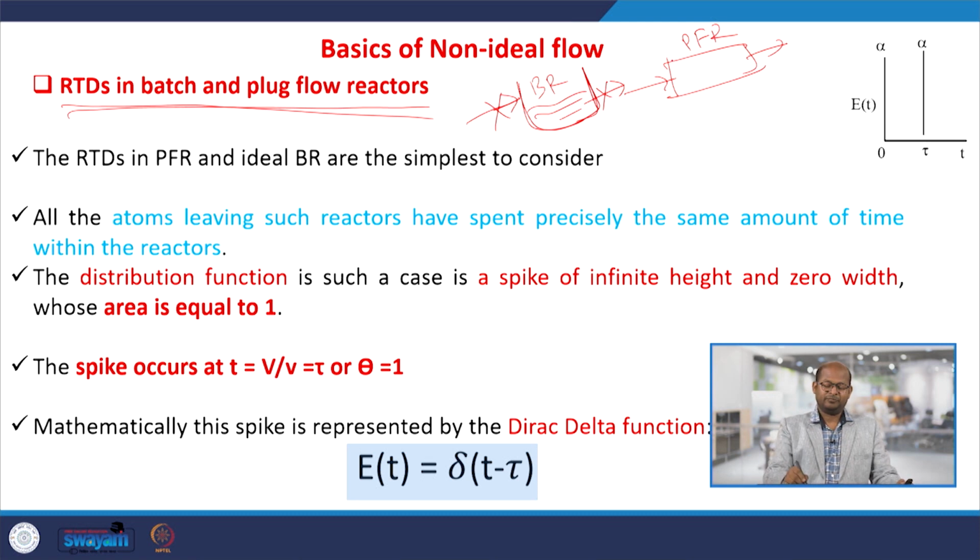In the case of the perfect plug flow reactor also, once the reactant molecules enter the reactor, they gradually move this way. The reactant molecules spend equal time. So, in these two cases we can say the reactors are ideal.